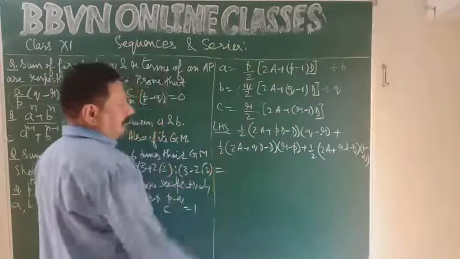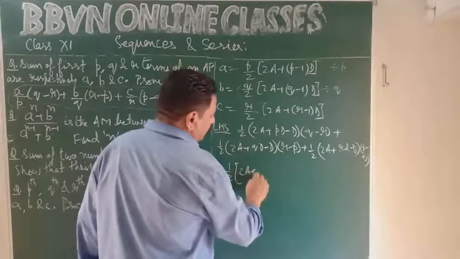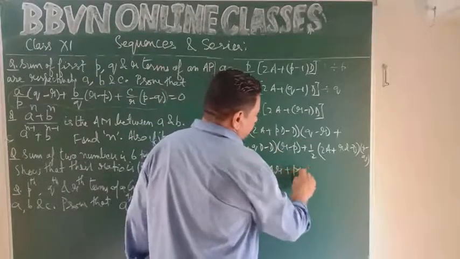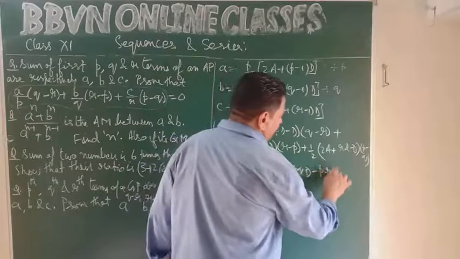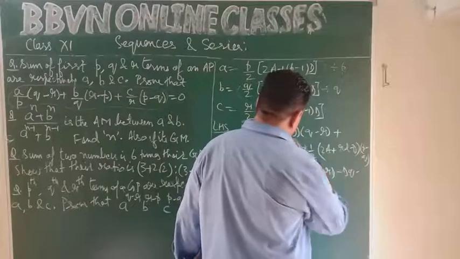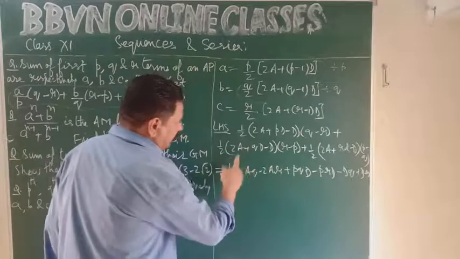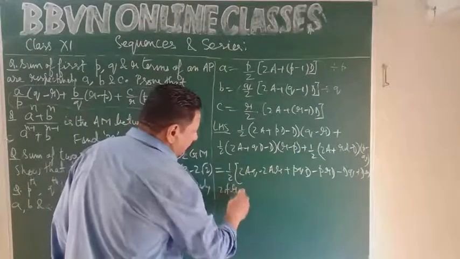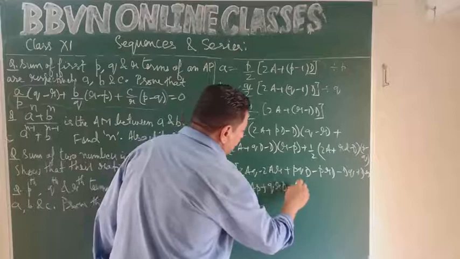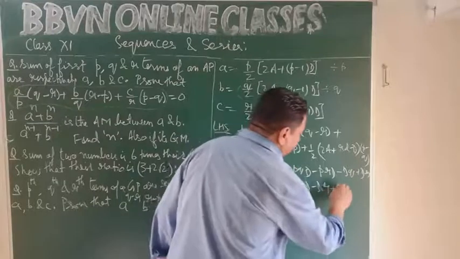Let's see what happens. Half taken common and we multiply 2a into Q: 2aQ minus 2aR, 2a multiplied by minus R, plus PQD minus PRD, minus DQ and plus DR. Then here 2a into R: 2aR minus 2aP plus QRD minus PQD minus DR plus DP.